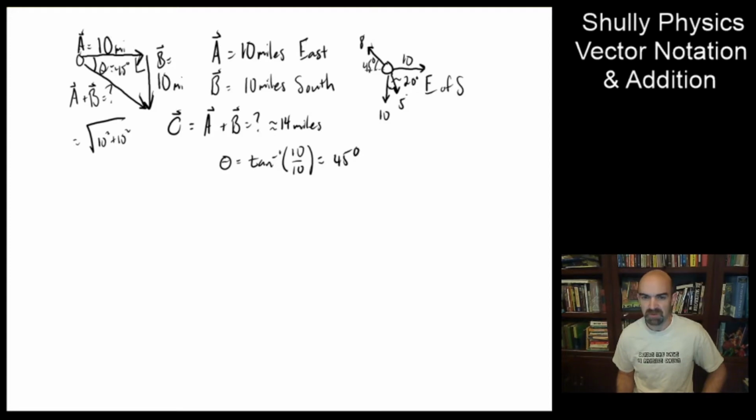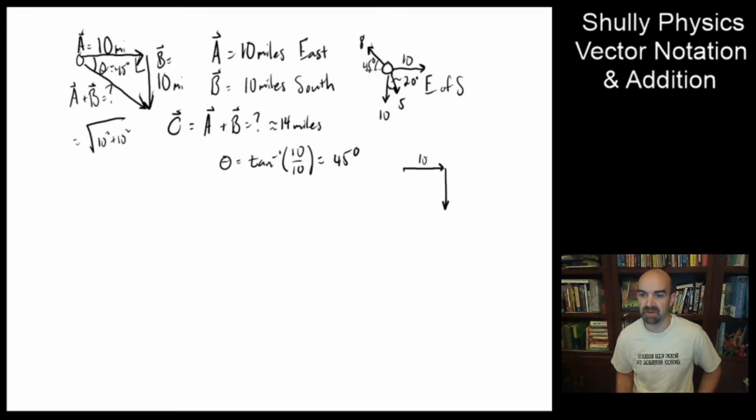So when you've got several vectors like this and you need to add them up, you could do a large construction. You could say, okay, we go 10 miles to the east, and then if we add these 2 vectors together, you add vectors by putting tail to tip. All right, tail to tip.